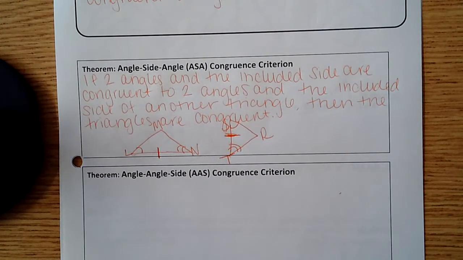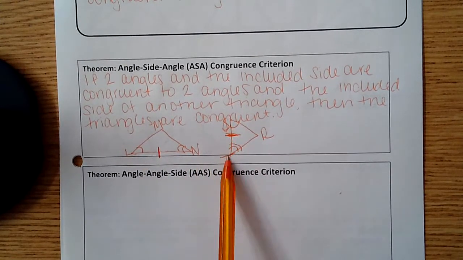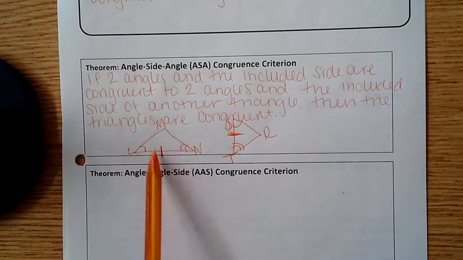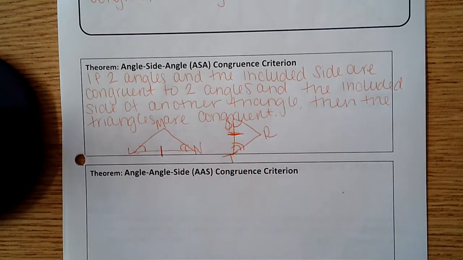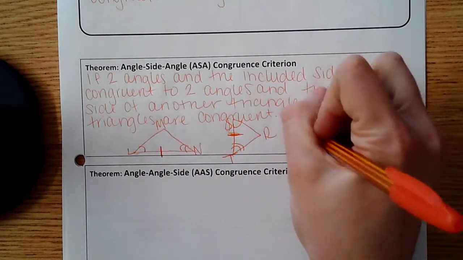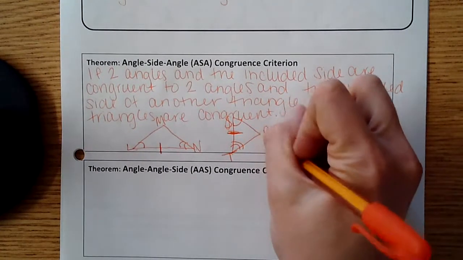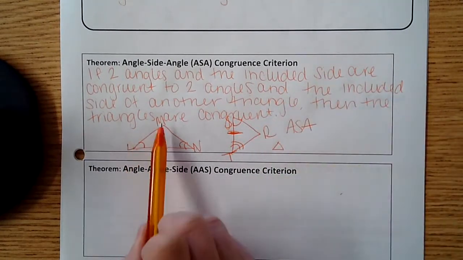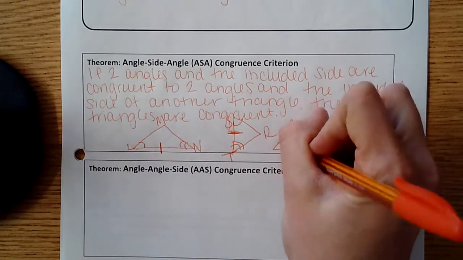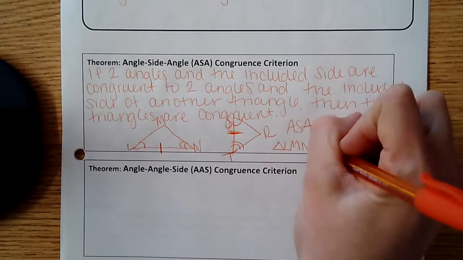All right. So two angles, side in the middle, two angles, side in the middle. These are congruent by angle, side, angle. Now we can write a congruent statement stating that triangle LMN is congruent to triangle.